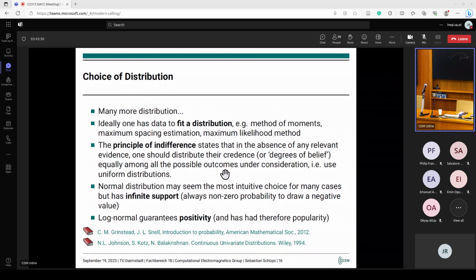There are ways to play with that, and one thing is truncated Gaussian distributions. And I think that's also the main reason why log-normal distributions have been very popular in many papers from the math community. You find it because it always generates positive values, and that's of course interesting because then you cannot get these strange situations with negative radii or whatsoever.